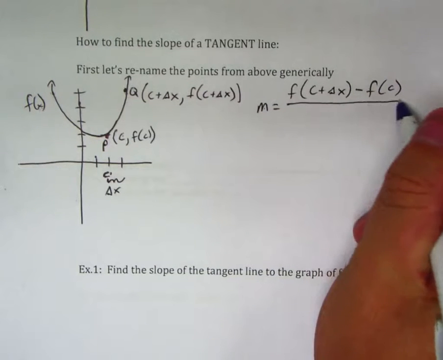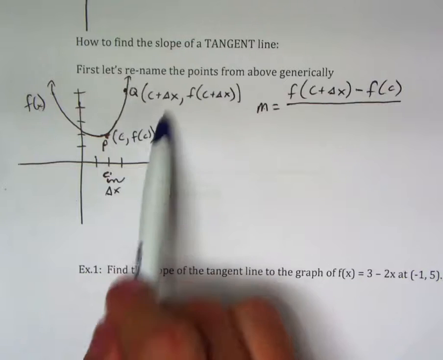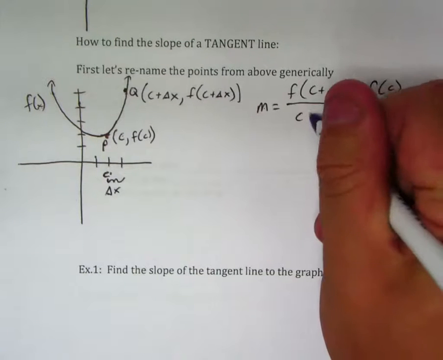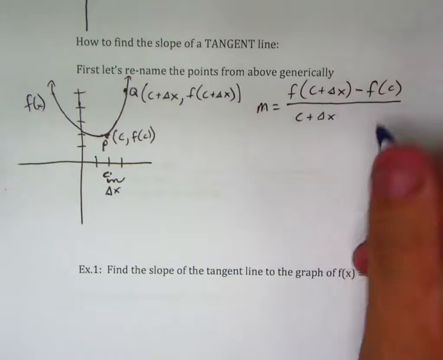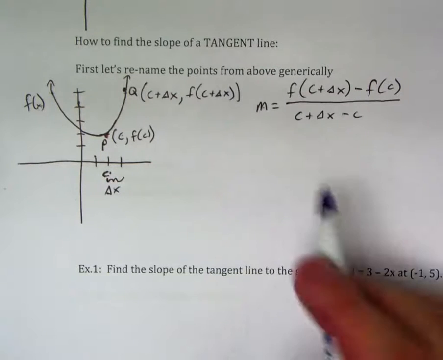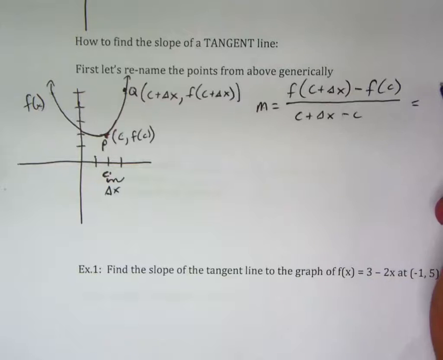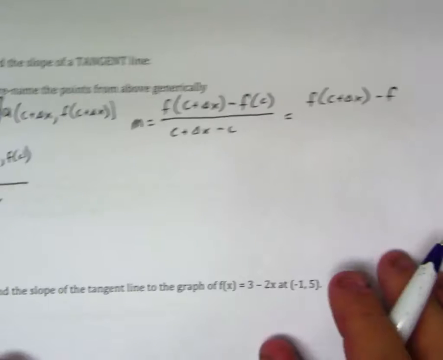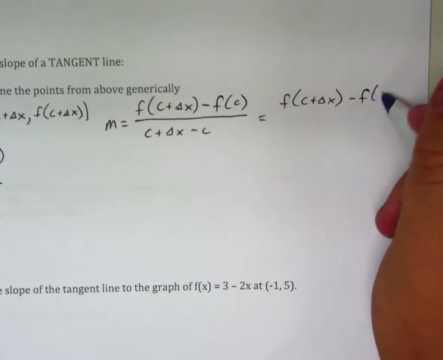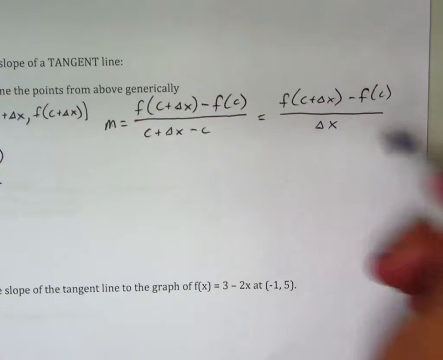On bottom, you're going to subtract the x's. So you're going to take c plus delta x minus c. And then you notice in the denominator you have c minus c. Those cancel. So in the numerator you have f of c plus delta x minus f of c, over, and the c's cancel, and you just get delta x.